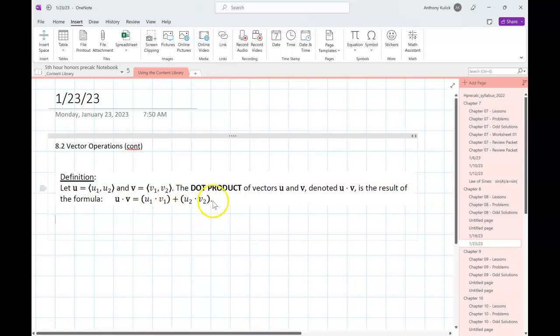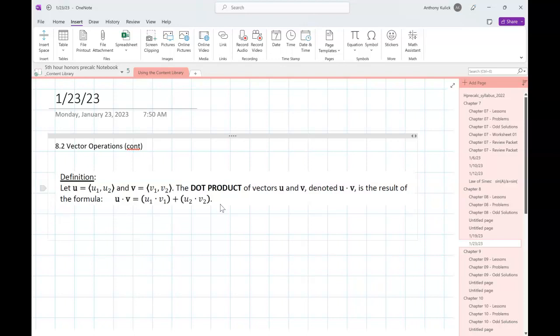Note that what are we getting back when we do a dot product? What kind of value is this? It's just a real number, not a vector. This is the only vector operation we've encountered so far where what we get back is not a vector, it's just a real number.